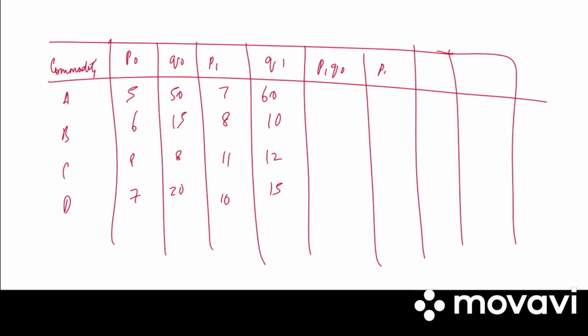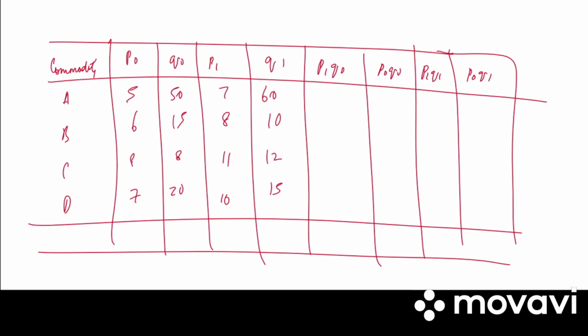Next we have P1 Q0, P0 Q0, P1 Q1, P0 Q1. So P1 into Q0: 50 × 7 is 350, 15 × 8 is 120, 88, 200.